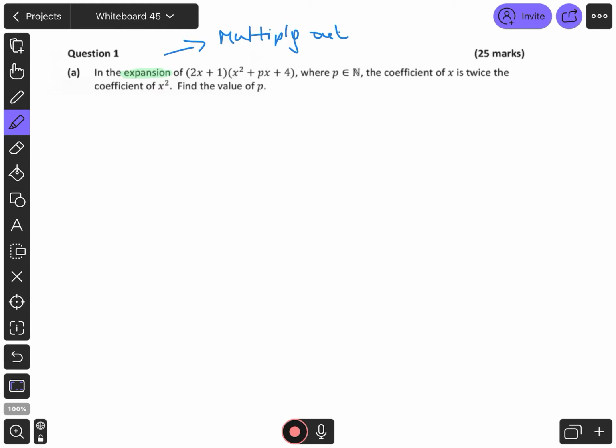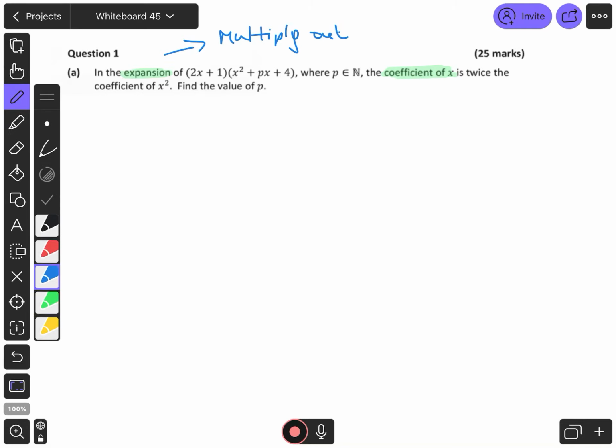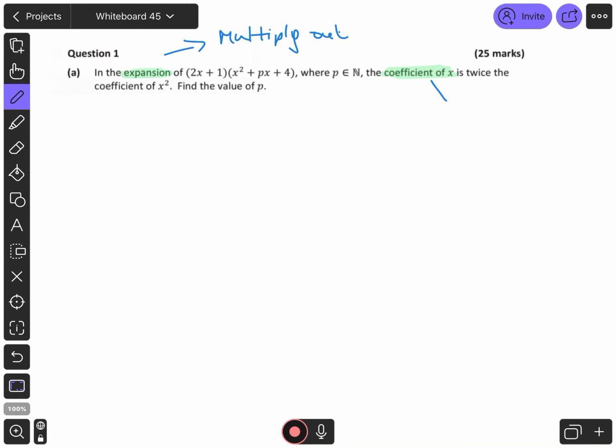P is an element of N, don't worry about that. The next thing then, coefficient. Coefficient just means the number in front of x. So the number in front of x is twice the number in front of x² to find the value of p.